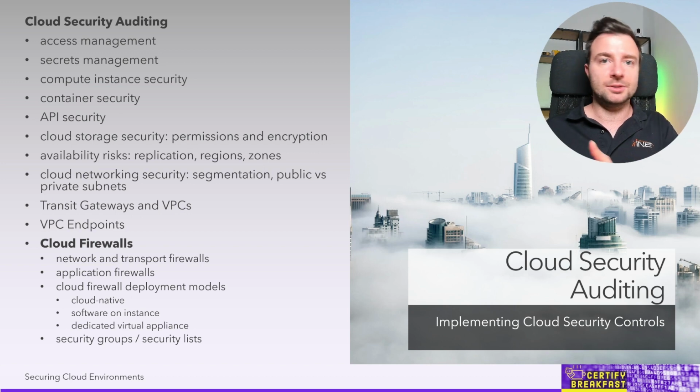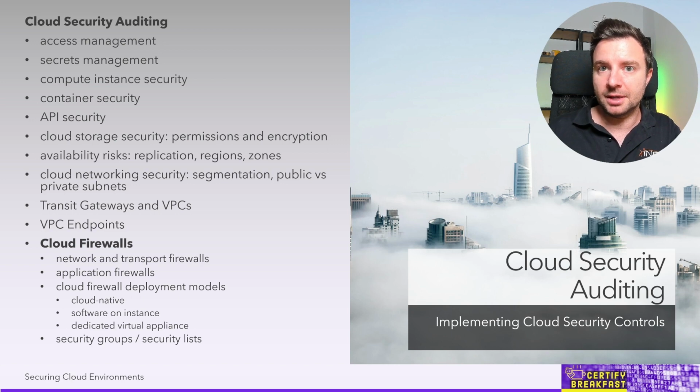So if you have gotten used to having Cisco Firepower firewalls in your environment and you're moving to the cloud, you might want to go to the marketplace. It doesn't matter which cloud it is, they all offer pretty much the same vendors, and you can just buy a virtual Cisco firewall. It's going to be deployed automatically as a virtual machine.